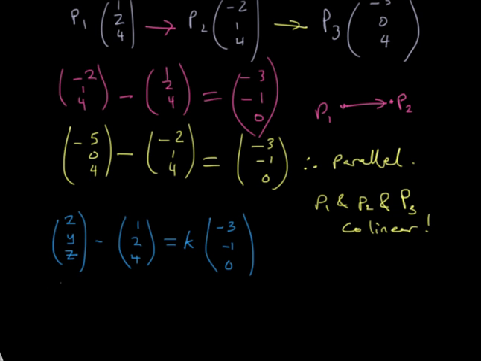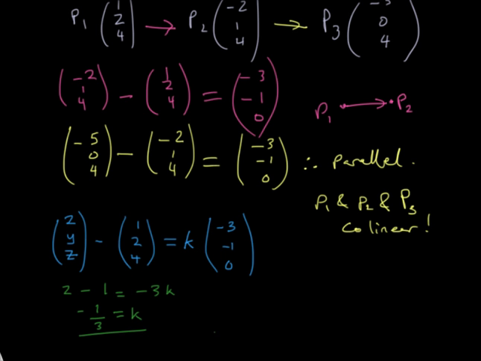So we get that 2 minus 1 equals minus 3 times k. And from here we can already get our value of k. 2 minus 1 is 1, 1 over negative 3. So we get that negative 1/3 is k. So I already know that guy, which is going to help me to calculate y and z.